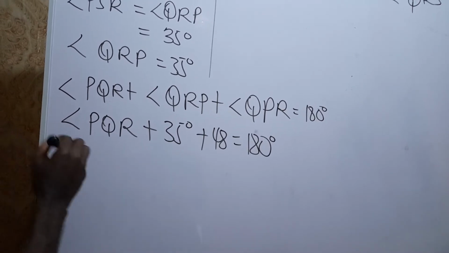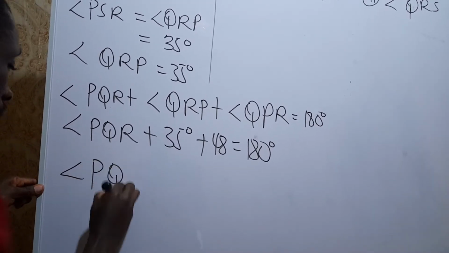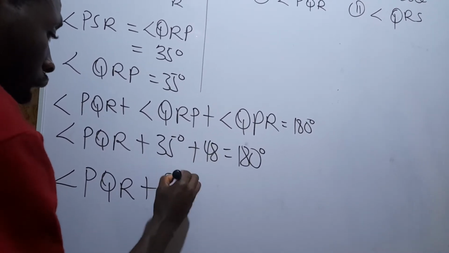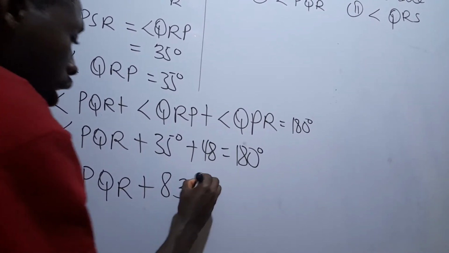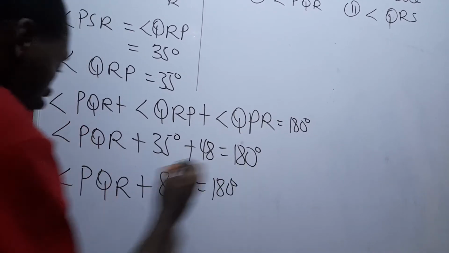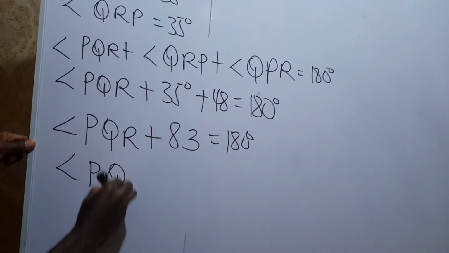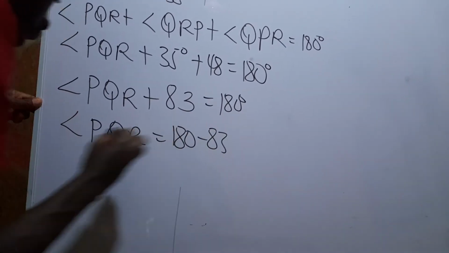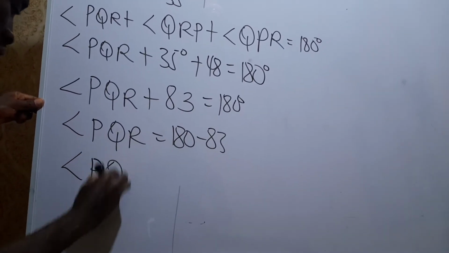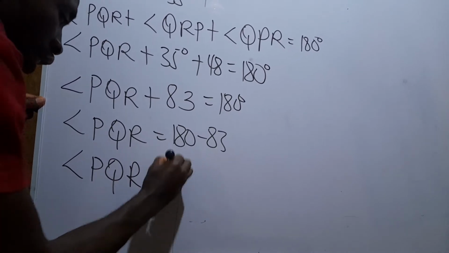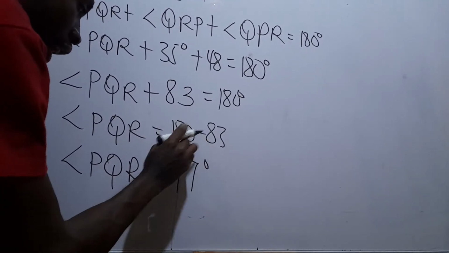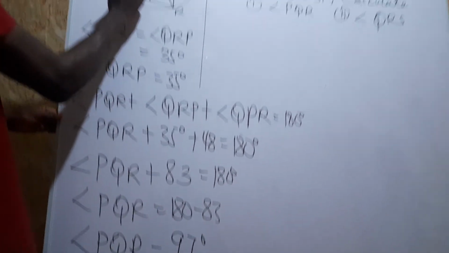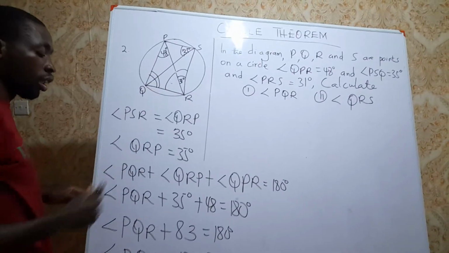So our angle PQR plus 35 plus 48, which is 83, is equal to 180 degrees. Angle PQR will be equal to 180 degrees minus 83. So angle PQR, which they ask us to find, is nothing but 97 degrees. 180 minus 83 is 97. So we can say the angle here is 97 degrees.